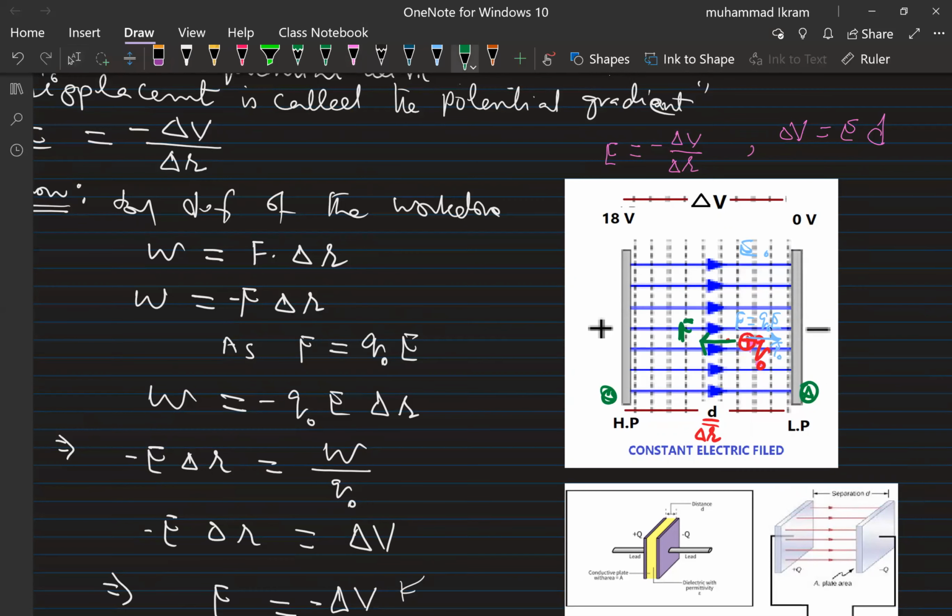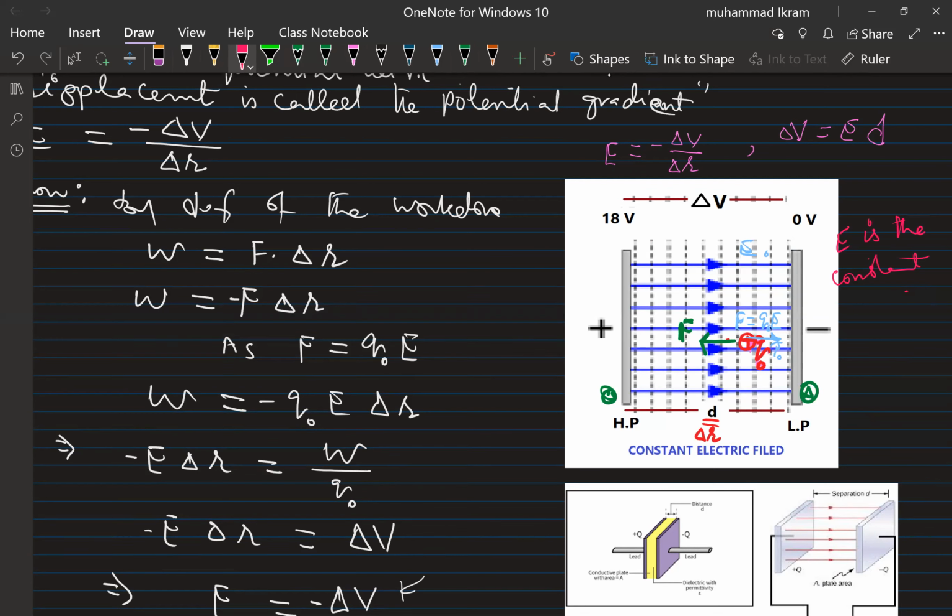Now why? Let us look at this region, where I want to explain things. As I told you, E is the same everywhere, E is constant everywhere. Why?